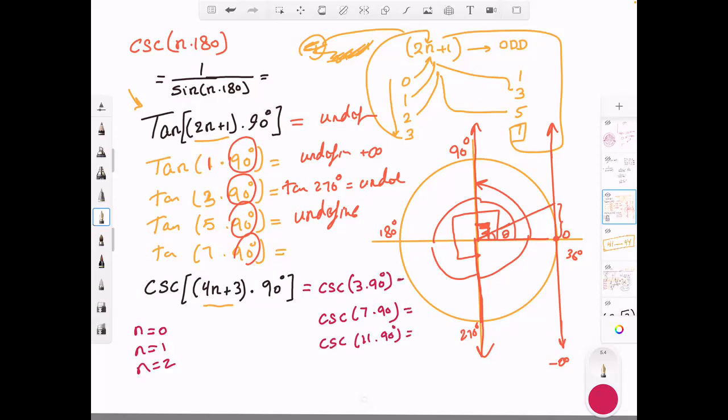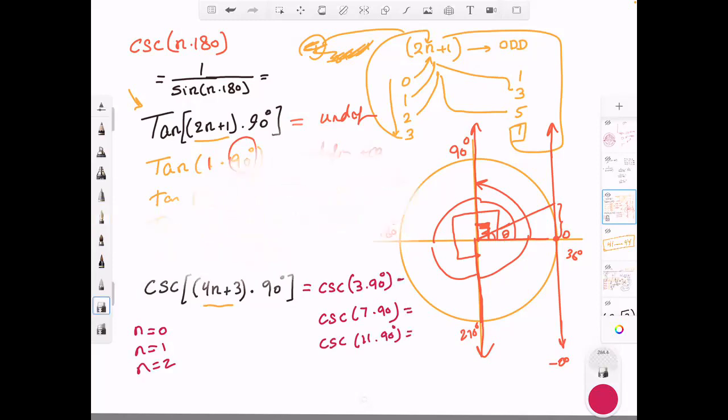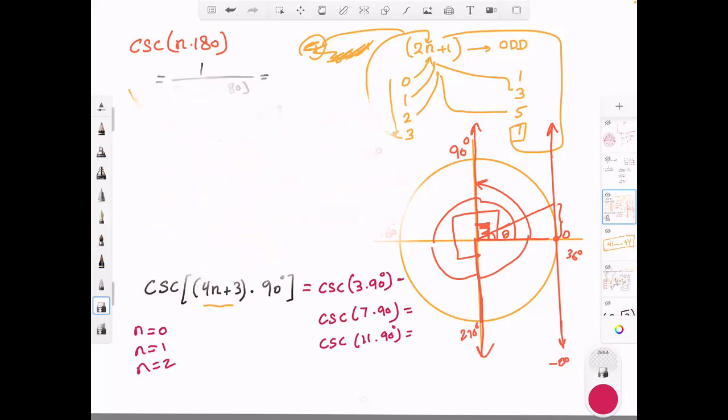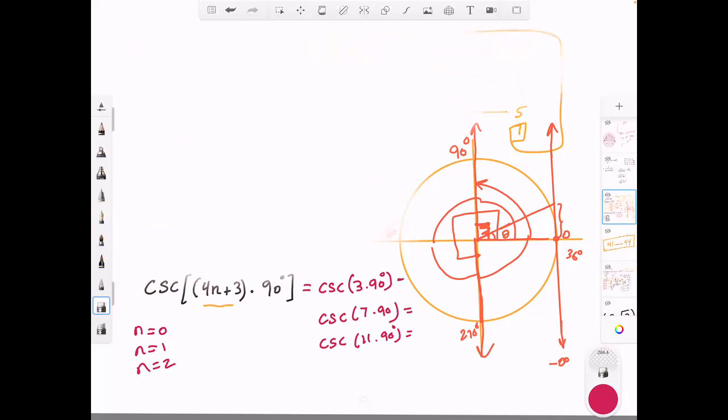So we're dealing with cosecant, so we're going to convert it to sine. Cosecant of 3 times 90 is the same as 1 over sine of 3 times 90 degrees. This is 1 over sine of 7 times 90 degrees.